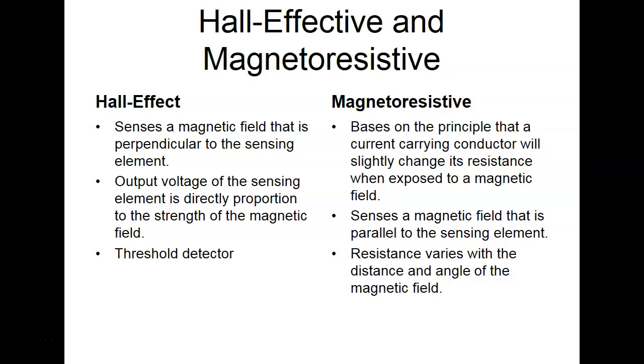The sensor senses a magnetic field that is perpendicular to the sensing element. The output voltage of the sensing element is directly proportional to the strength of the magnetic field. So with Hall effect, we could actually measure the strength of a DC field.